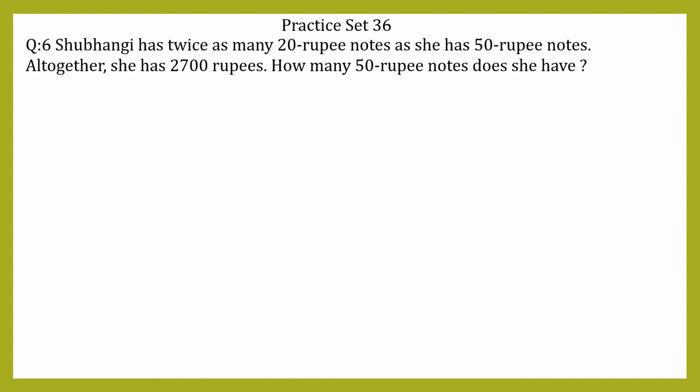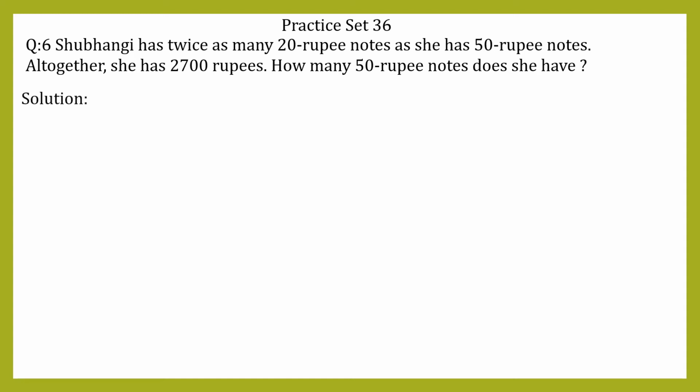We don't know the individual number of 20 rupee notes and 50 rupee notes, she together has an amount of 2700 rupees. We need to find out how many 50 rupee notes she has.